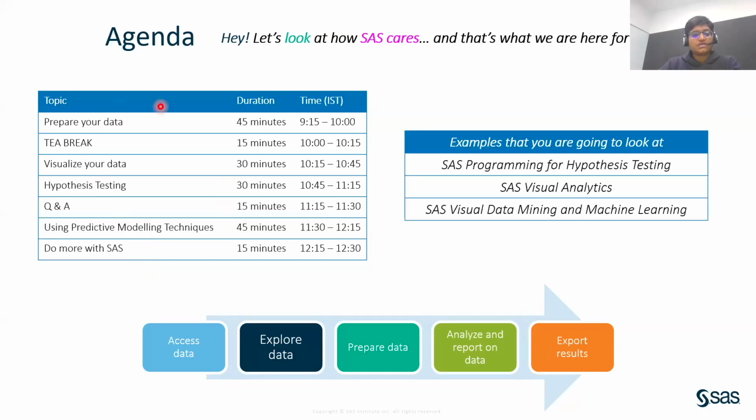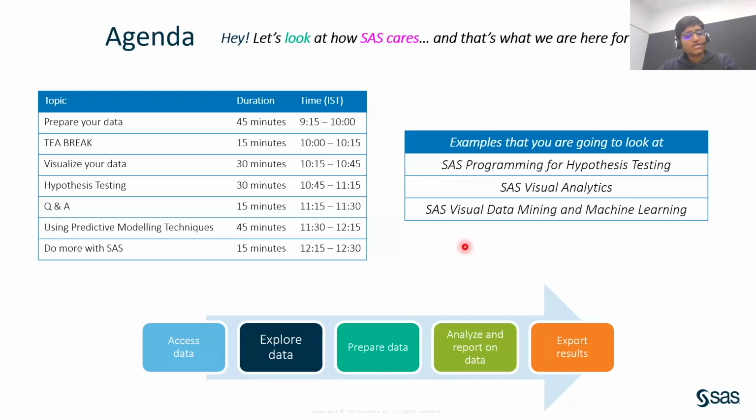Now, across this entire agenda, these are the three main examples that we are going to take up. So we are going to look at programming examples. Following that, we are going to look at two tools on the VIA platform. One is SAS Visual Analytics, which is used from a BI perspective, the dashboarding or the reporting perspective.